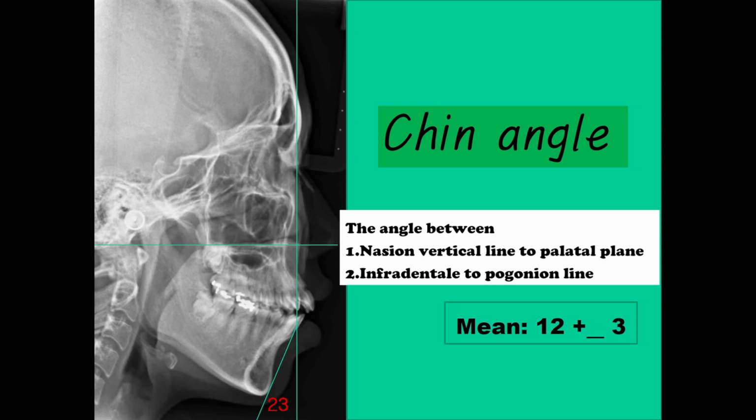So if this angle is outside of the normal limit, we call it unaesthetic bone structure. Okay, so if patients show unaesthetic bone structure, at that time orthodontic treatment never gets an aesthetic face.